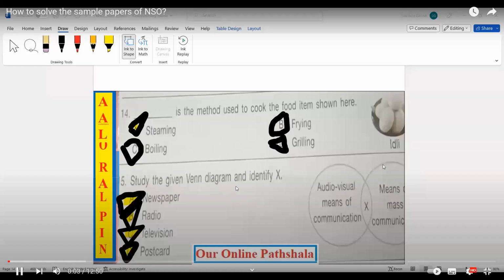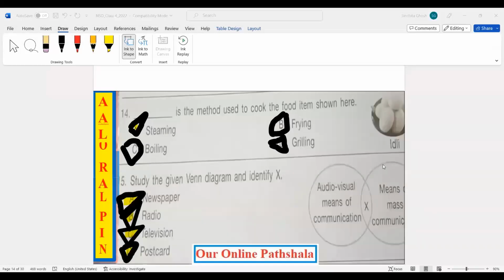Today we are going to do the NSO chapter. NSO means Science Olympiad. These are the sample questions that normally come in the Science Olympiad. Let's see the answer of this question. Number 14 is asking about the method used to cook the food item shown here.